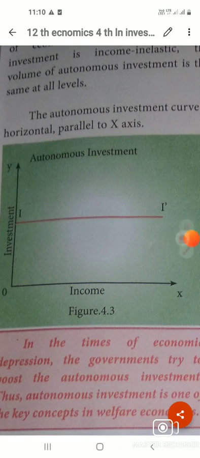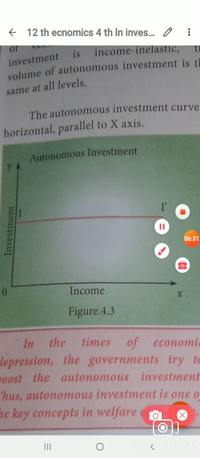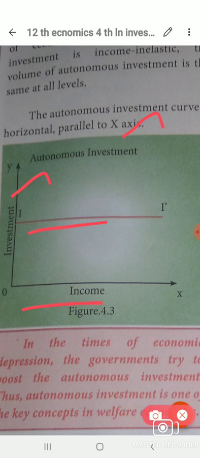Whenever income increases, autonomous investment does not change, since it is made through the government. The autonomous investment curve is horizontal, parallel to the x-axis. Okay, this is the horizontal line.